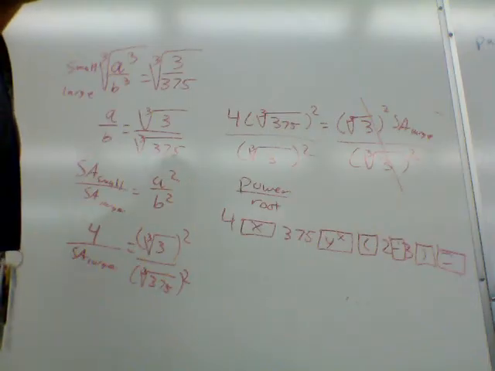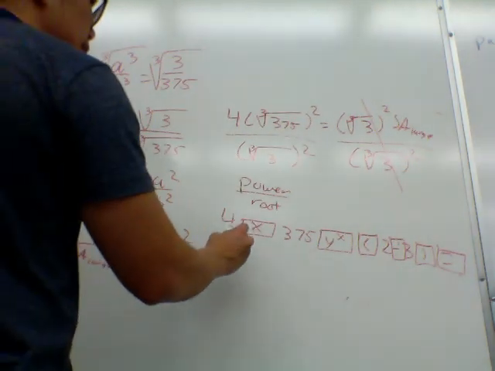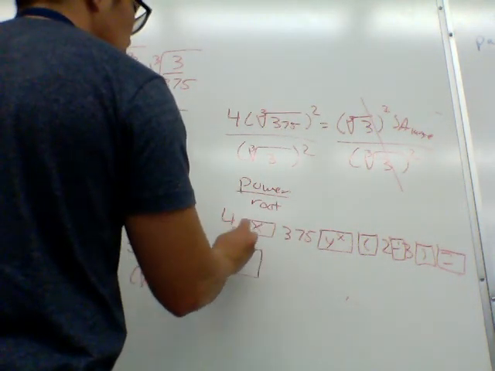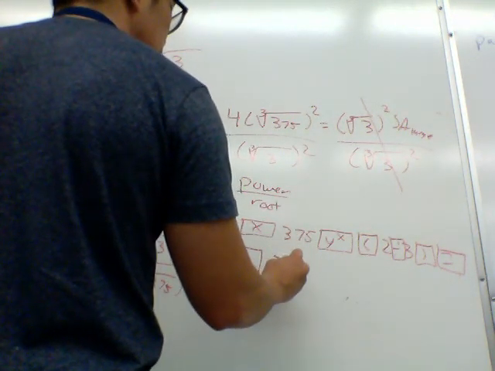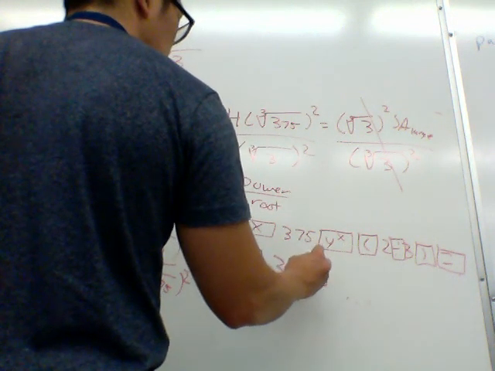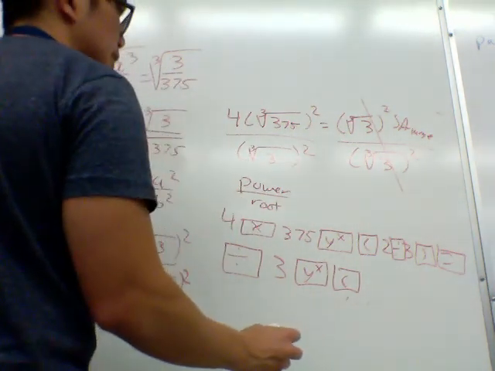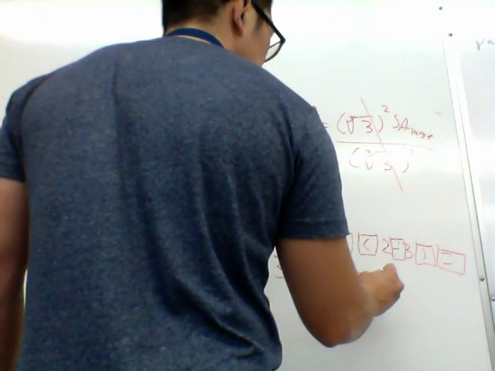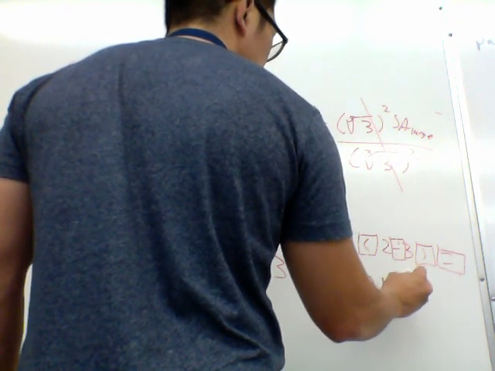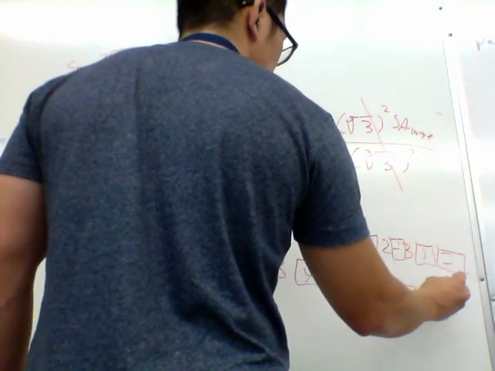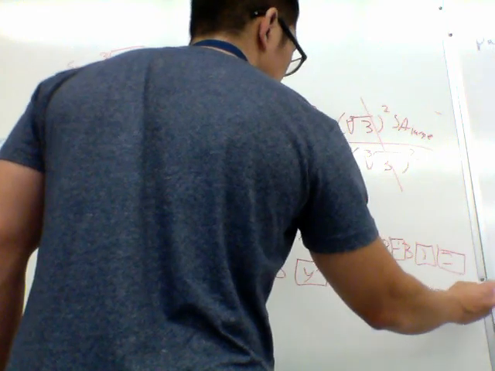Okay? And then you're going to do divided by 3, y to the x, open parentheses, 2 divided by 3, close the parentheses, equals.